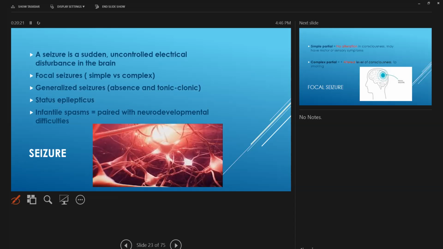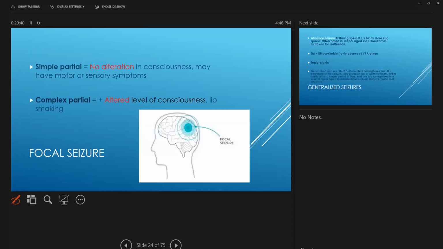And then infantile spasms are basically seizures in infants. But also, we need to be educated to know that these can cause neurodevelopmental difficulties and that we need to make sure that these kids are sent out to a neurologist ASAP as that brain is still developing.